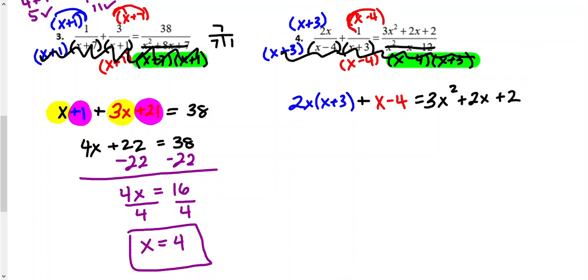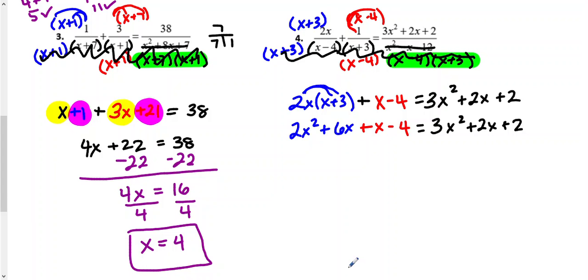So now I have to start to simplify. I'm going to distribute my 2x and get 2x squared plus 6x. I still have plus x minus 4 equals 3x squared plus 2x plus 2.